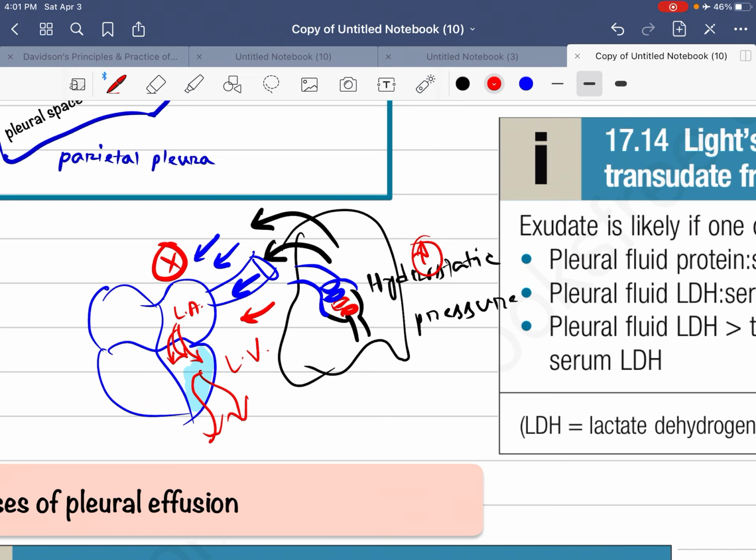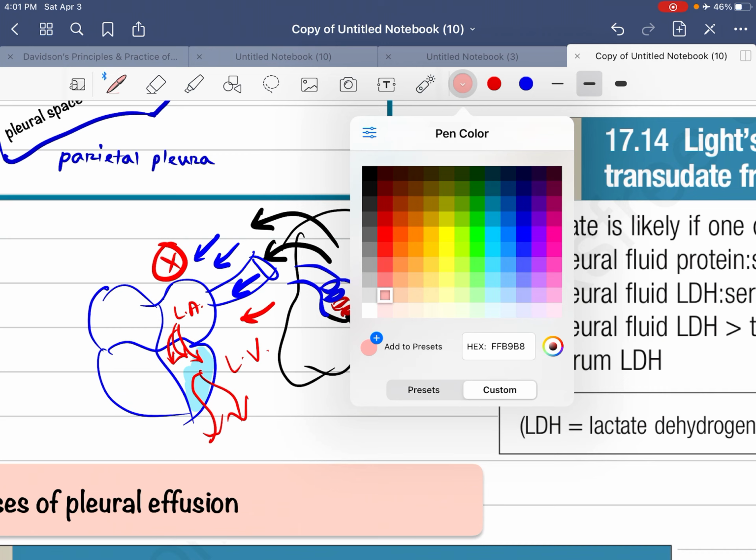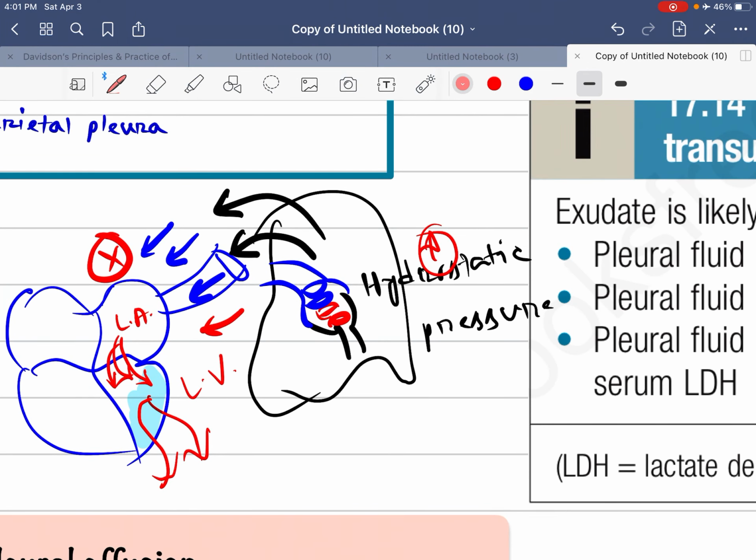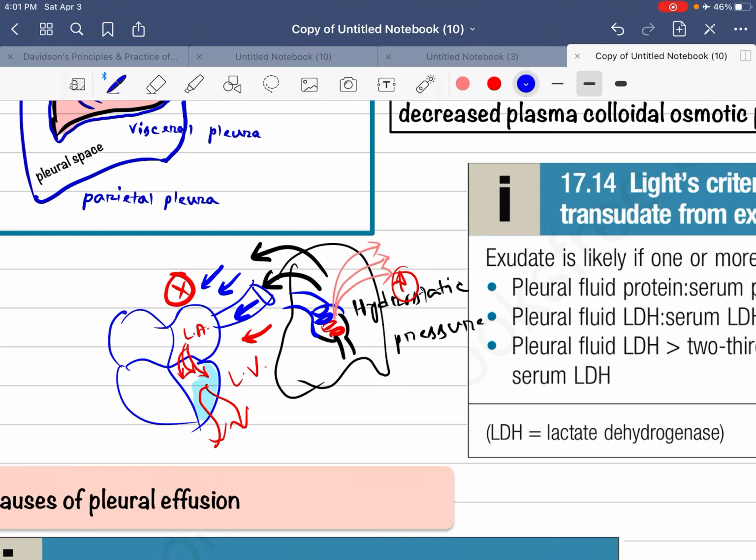If hydrostatic pressure within the pulmonary capillary rises, then what will happen there? You can easily understand. The transudative plasma will come outside from the capillary into the potential space, that means the pleural cavity, because you know here is the pleural cavity.